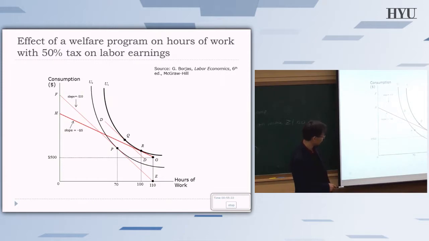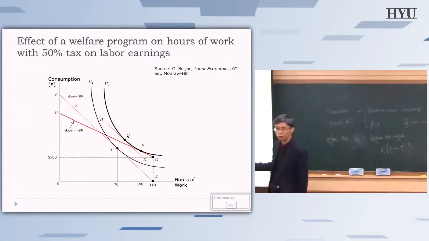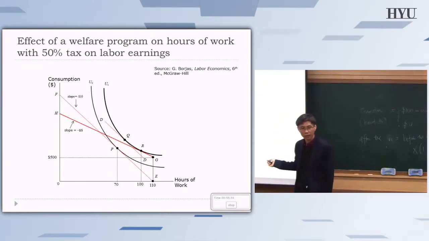Why does it say hours of work? When they made the PowerPoint slide, they just made a mistake. This should be hours of leisure. Okay, got it? So P to Q, by income effect, leisure increases, or work less.